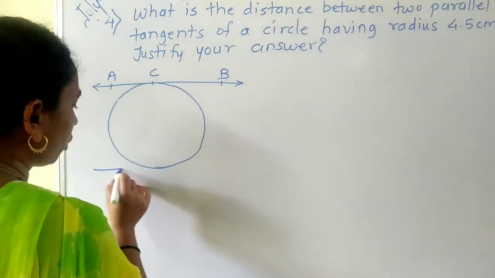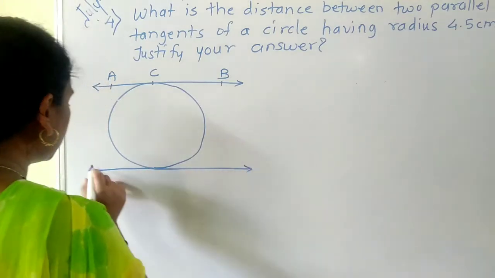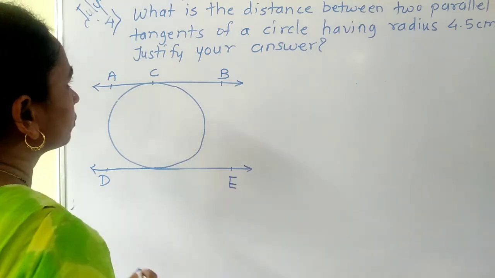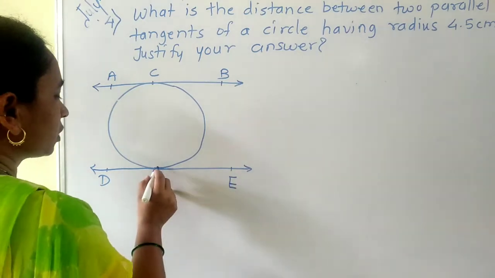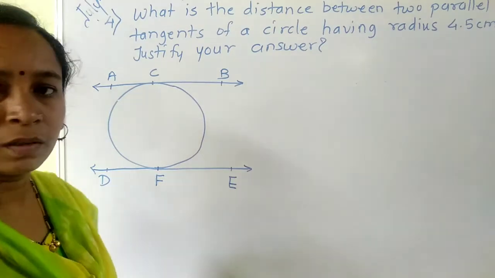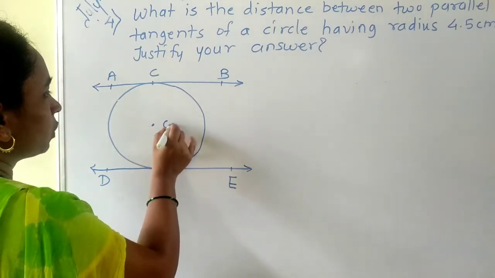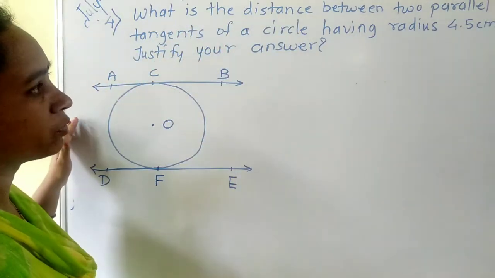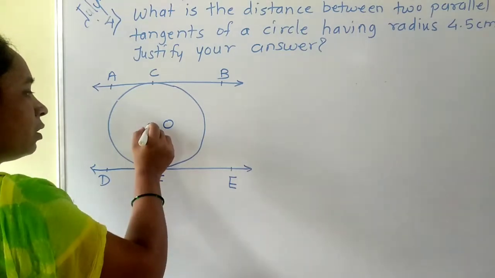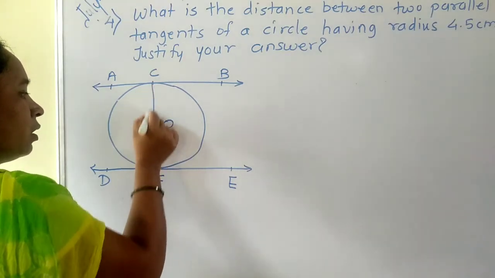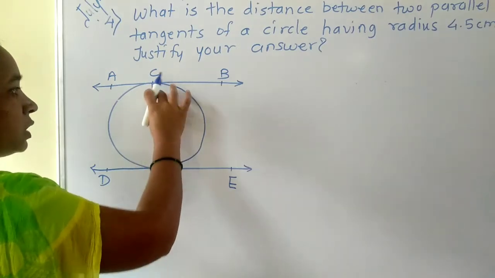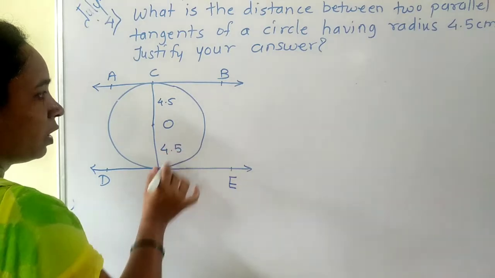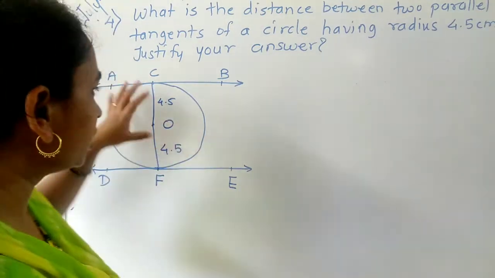Similarly I will draw another tangent DE, and its point of contact is F. Circle, if I consider O, then they have asked the distance between the two parallel tangents of a circle having this radius. If you join OC and OF, OC's distance is 4.5, OF distance would be 4.5.